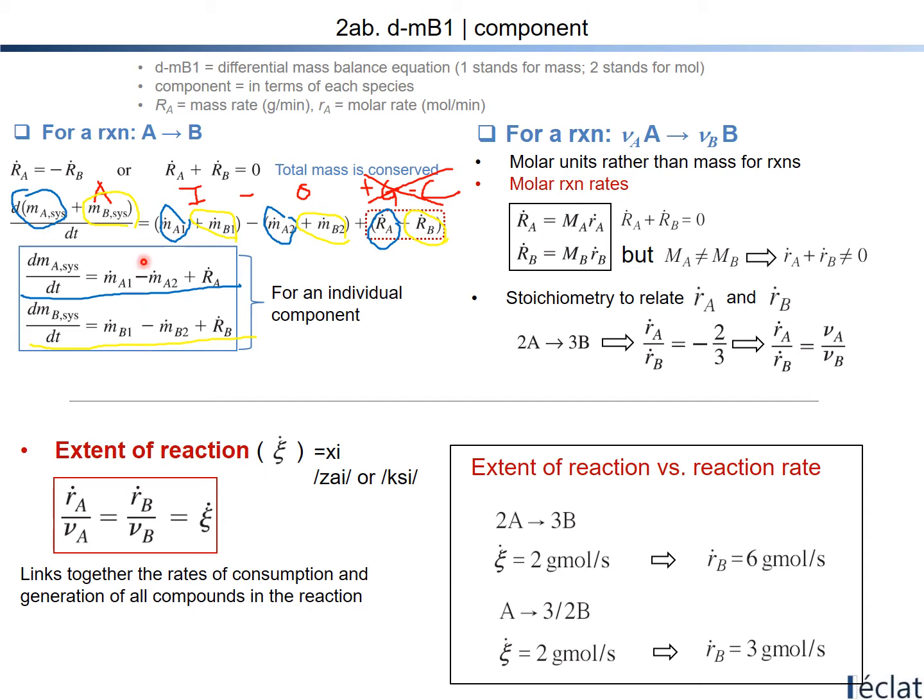For the total mass balance equation, you don't need to think about generation and consumption term. However, in the case of the component version of material balance equation, you should think about generation or consumption term. So actually, the meaning of the reaction rate of component A is about generation minus consumption.